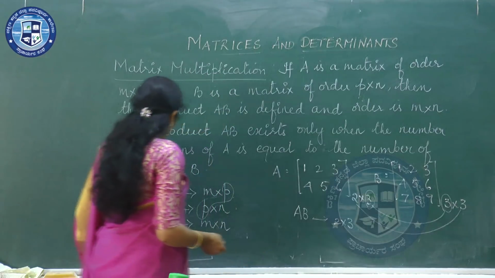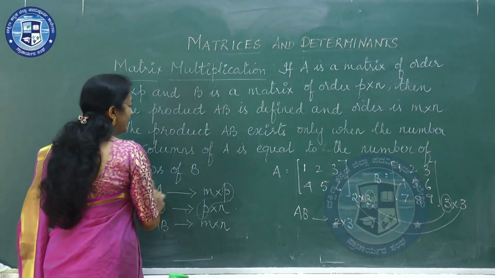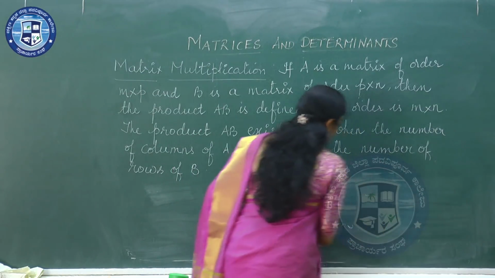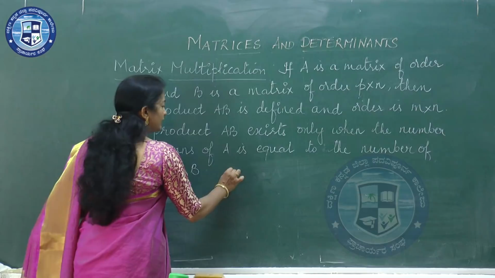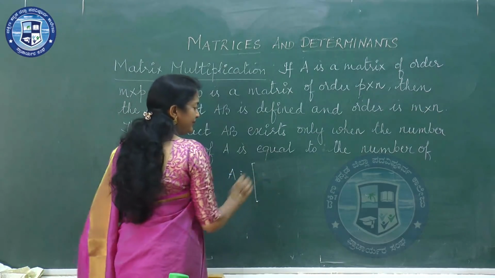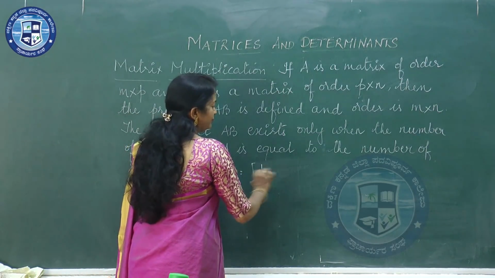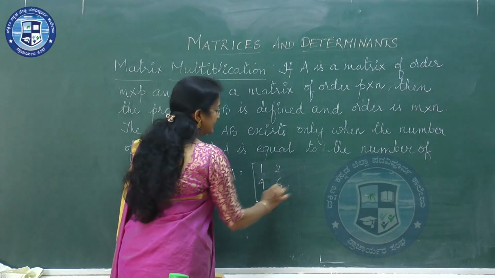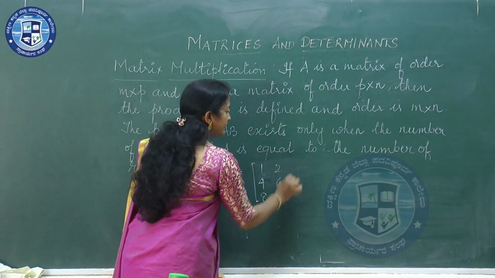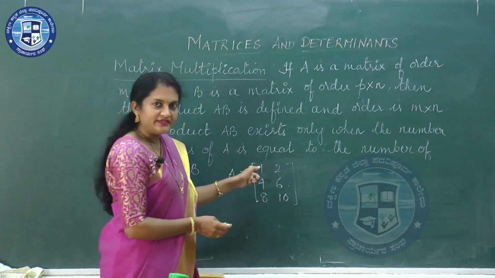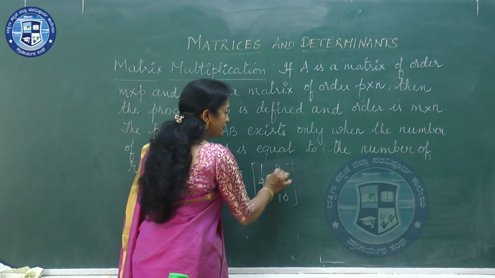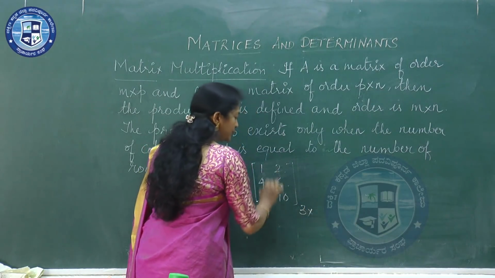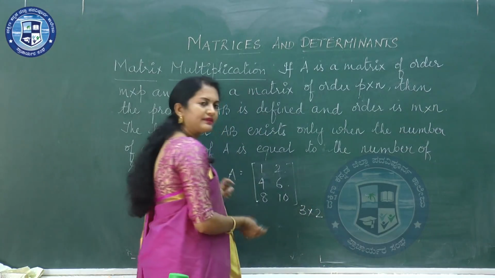One more example I can give you so that you can understand the concept more clearly. Let A be a matrix of 1, 2, 4, 6, 8, 10. What is the order of this matrix? 3 rows and 2 columns.